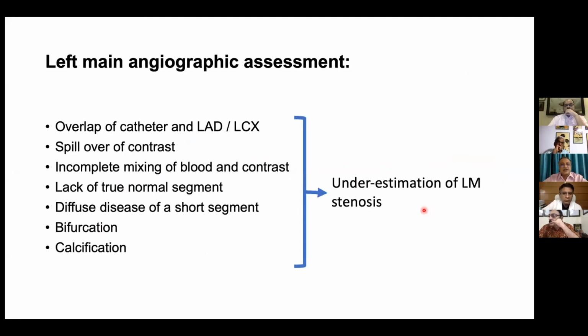As already discussed, there are limitations of angiographic assessment. There are overlaps, there's spill-off of contrast, resulting in improper visualization of the ostia. There is a lot of streaming effect, and a lack of true normal segment when it is diffusely diseased. Again, there is calcium. So all these factors result in underestimation of the left main stenosis angiographically.